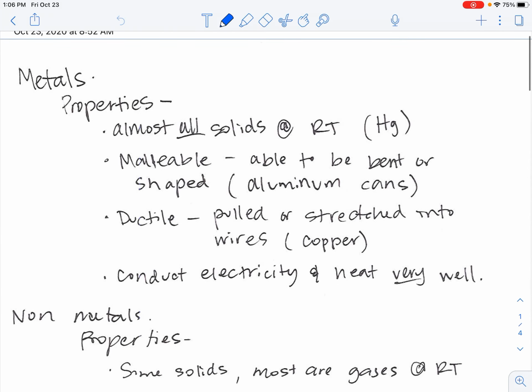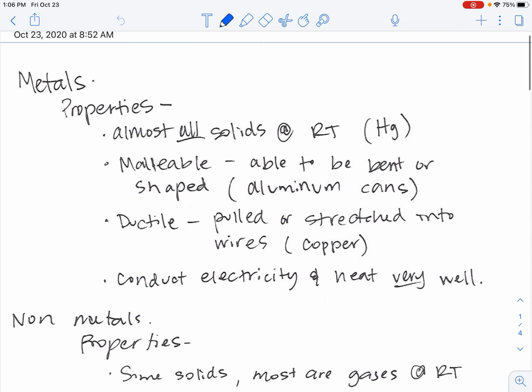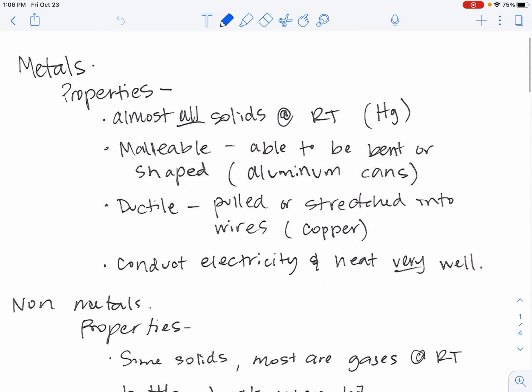Anyway, and then you might probably already know, but metals also conduct electricity and heat very well. This is another reason that copper, or metals, are used to carry electricity in your house. This is why metals are used for pots and pans in your house, because they conduct heat very well. They take the heat from the flame and transfer it directly to your hamburger or whatever.